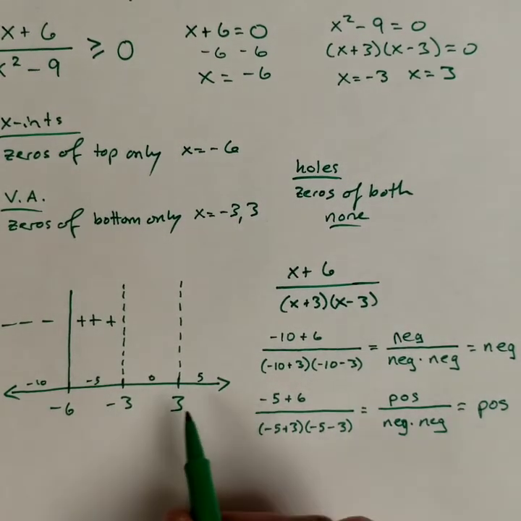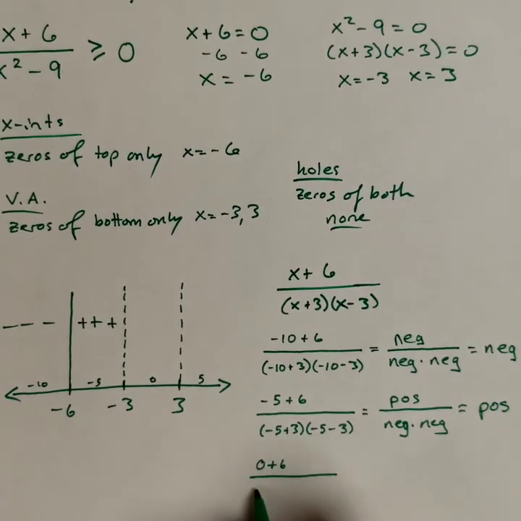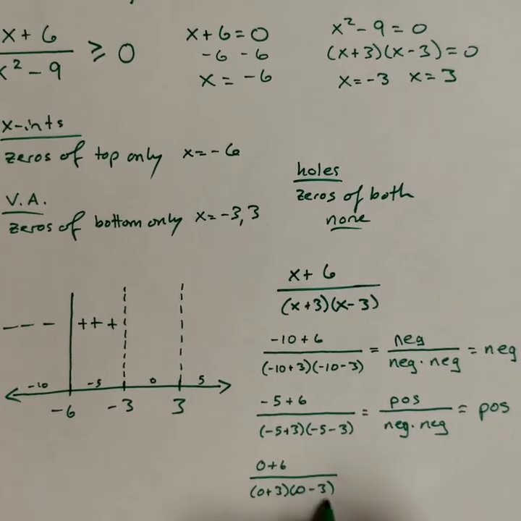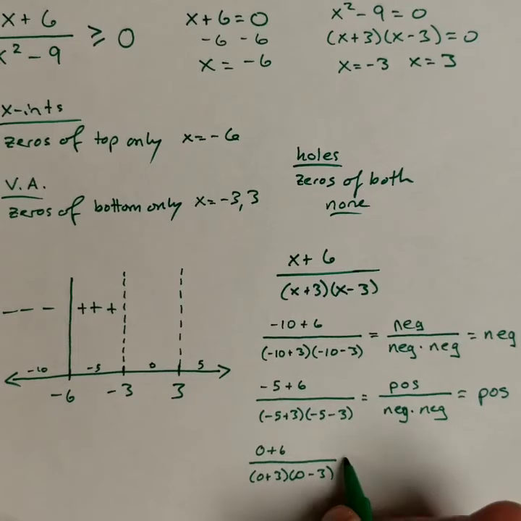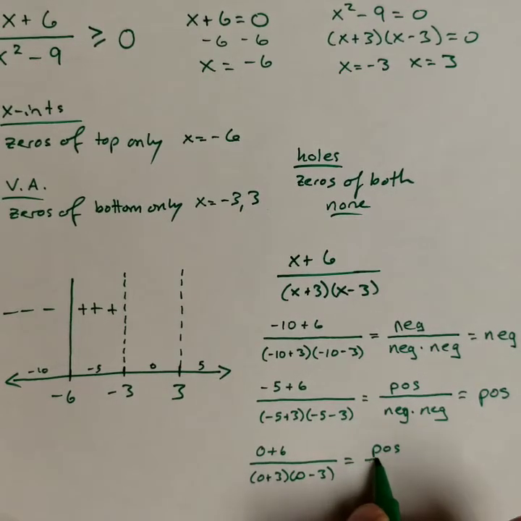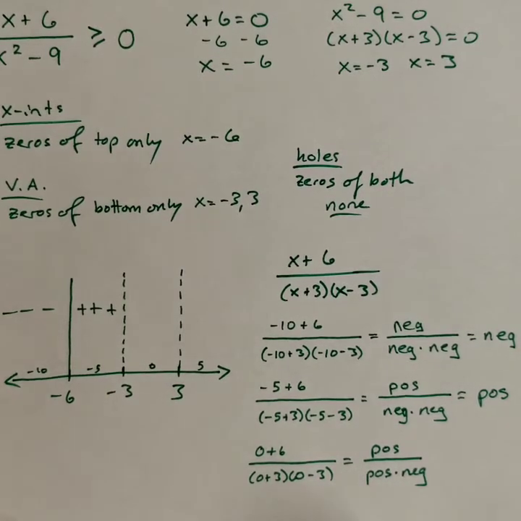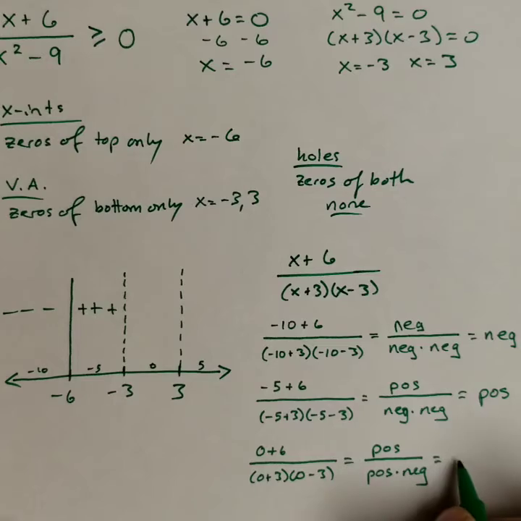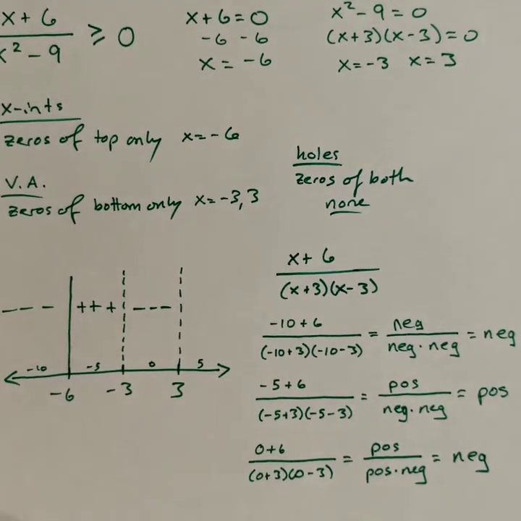If I then plug in the 0, I get 0 plus 6 over 0 plus 3 and 0 minus 3. That's going to be positive over a positive times a negative. One negative will equal a negative, so these are all negative.